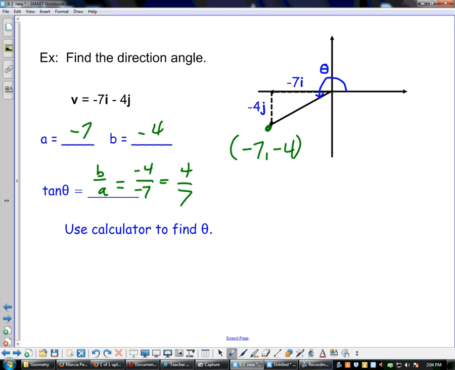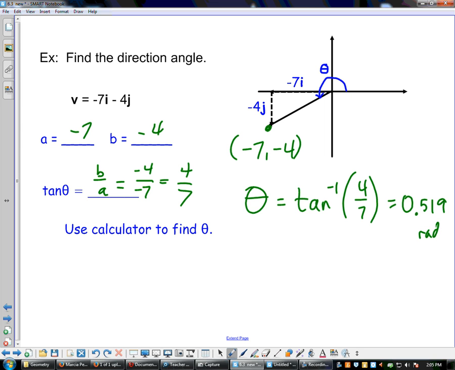So how do we find theta? All right, so we want tangent inverse of 4/7, and that turns out to be what? 0.519 radians. Convert.